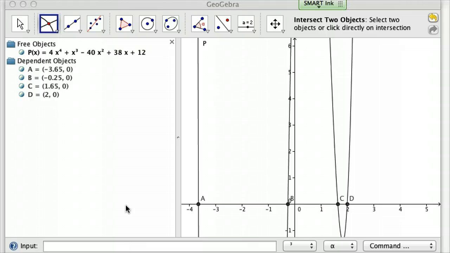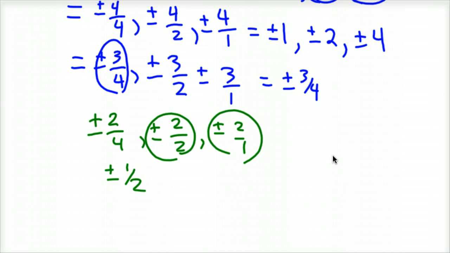And you know, I'm looking at negative 3.65 and 1.65, and I'm wondering if I don't know that that is part of my list. So let's go look back at my list. Now, negative 0.25, that's negative 1/4. I know that one's there. And 2 is also there. So those are 2 roots that are potential. It's possible that 3.65 is irrational, a pair of irrational roots that we have in this.